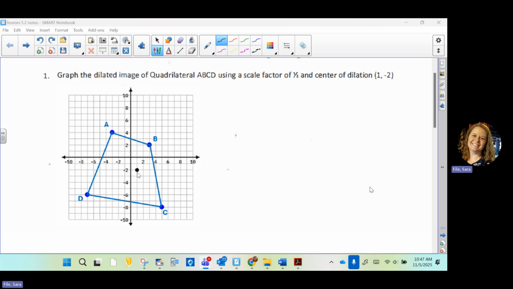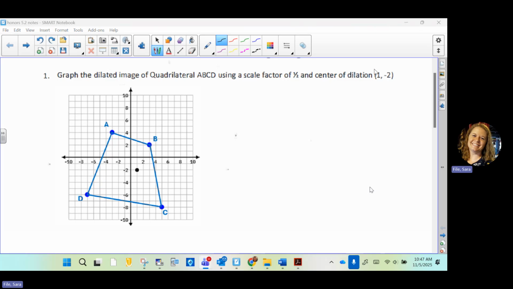So if I plotted this center of dilation at 1, -2 for you, if I was going to move everything on here to put that point at 0, 0, how much would I have to move? Would y'all say? Left 1, up 2? Okay, so if I'm imagining moving this to make my center the origin, I'm having to move every point on here left 1 and up 2.